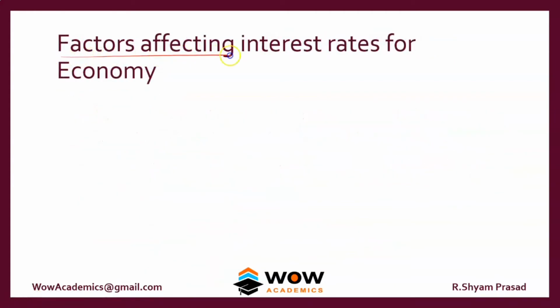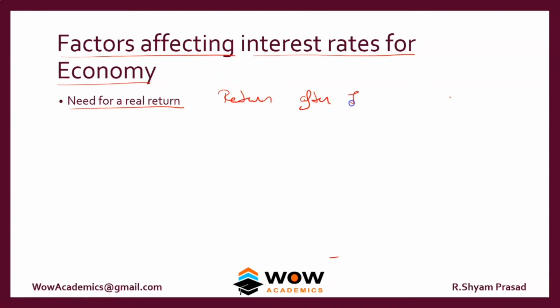So what are the various factors affecting the interest rates in an economy? Need for a real return. Every investor wants a return which is adjusted for inflation, or return after inflation. That is what real return refers to.